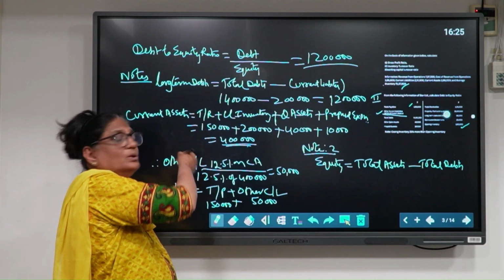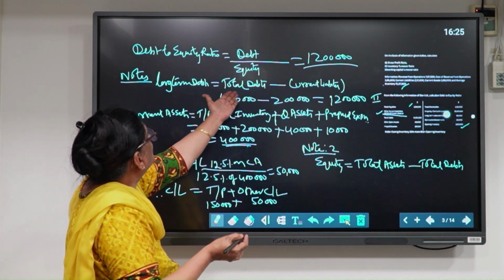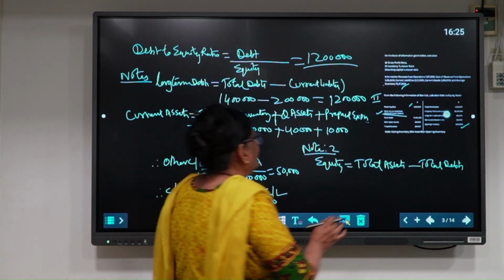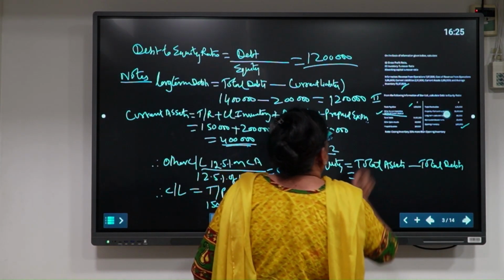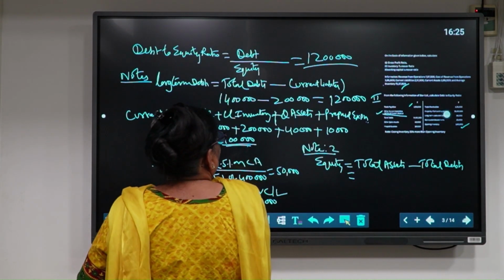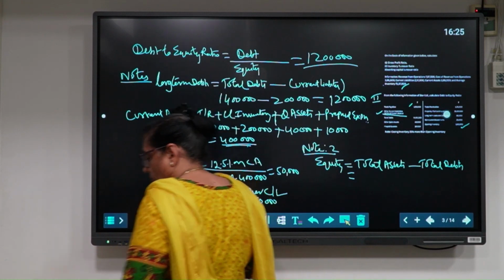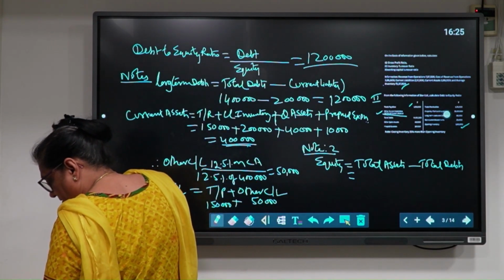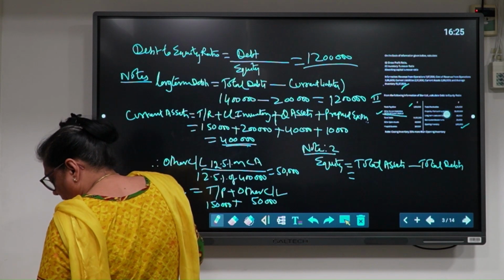I have just found out, no? Total, we found out, no? Total debts, 14 lakhs are given to us. So everything is there. Now total asset, please total.